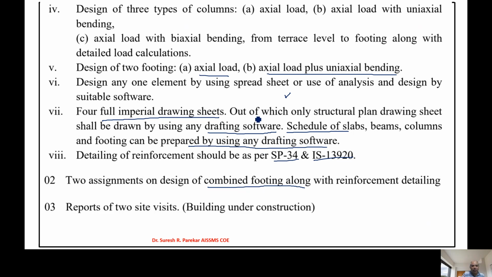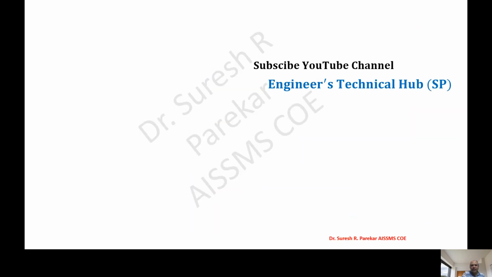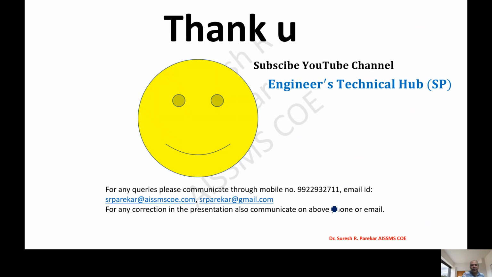And third, we have to go for 2 site visits of a building under construction and prepare a report for it. So this is the term work related to your design of reinforced concrete structure, which we have in our subject in 3rd year, 2nd semester.